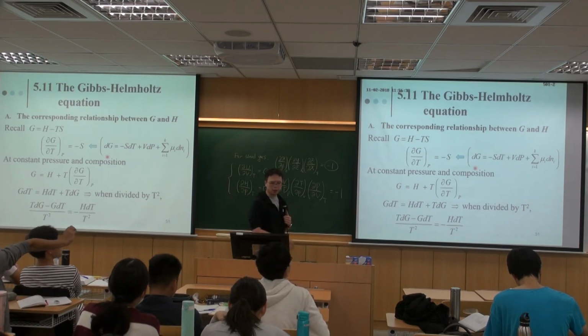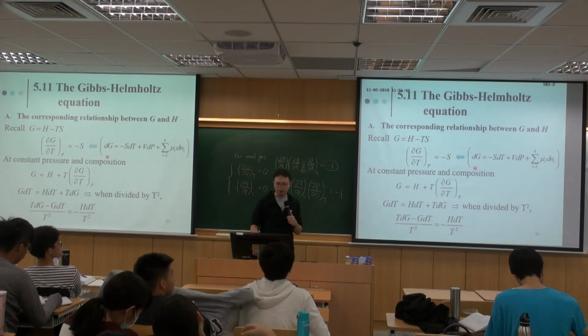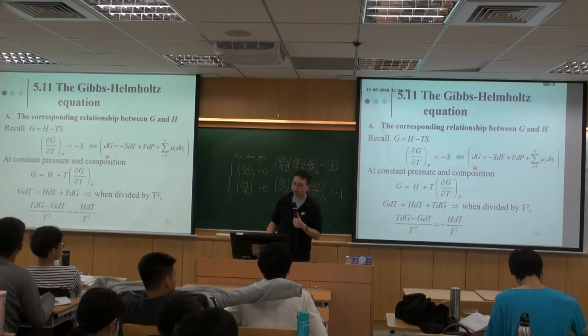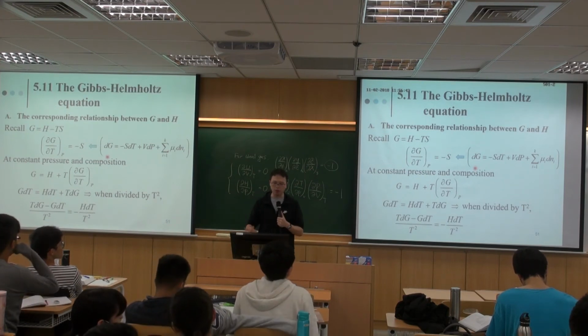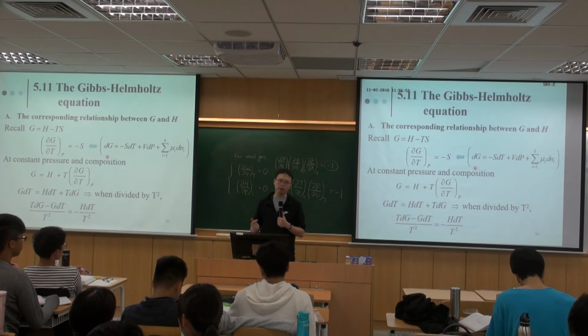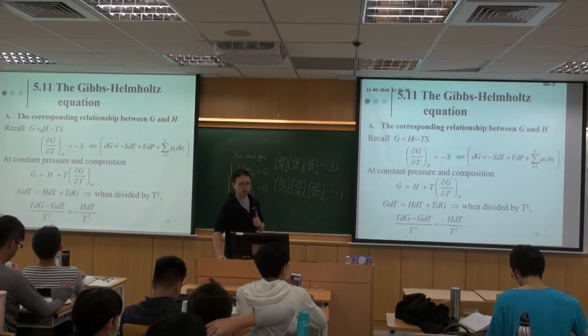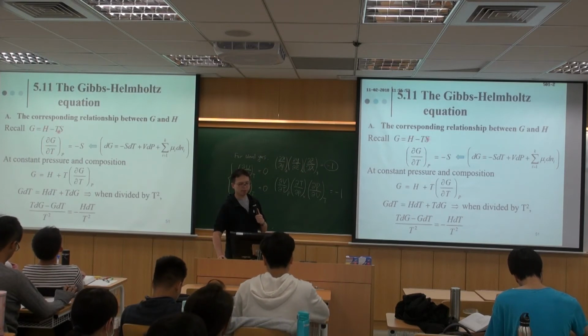And so the corresponding relationship between G and H, we have Gibbs free energy, we have enthalpy, and we know that there's a close connection between Gibbs free energy and enthalpy because from the very beginning of the definition, we use H minus TS.